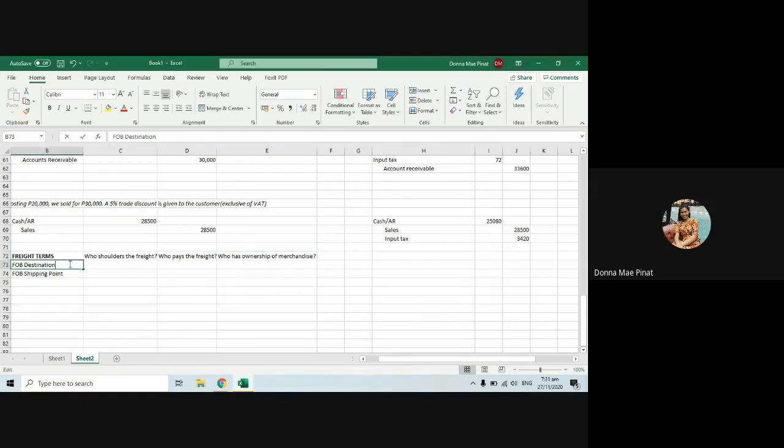Sige, so FOB destination, FOB shipping point. Dayon, pwede na siya nga collect, pwede po na siya nga prepaid.